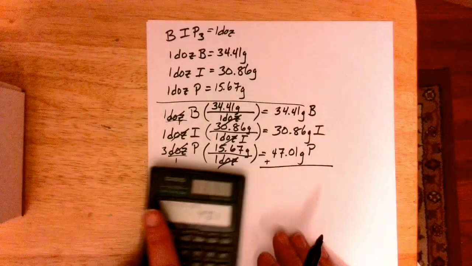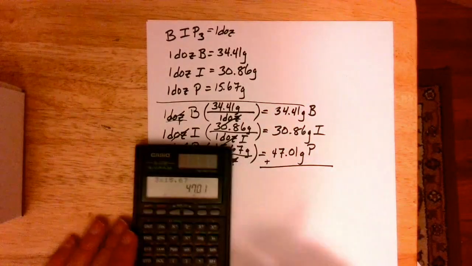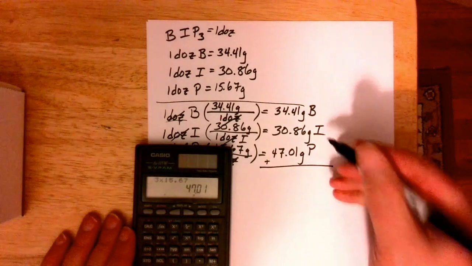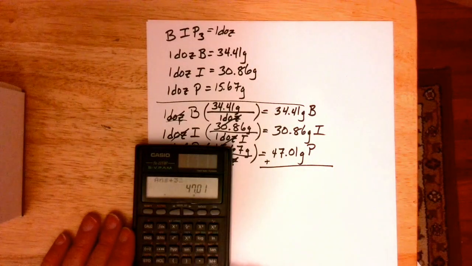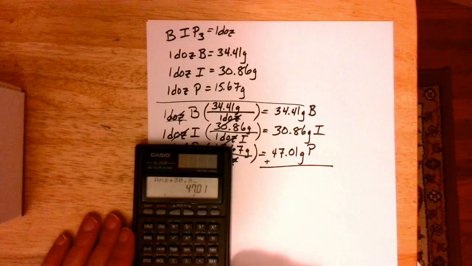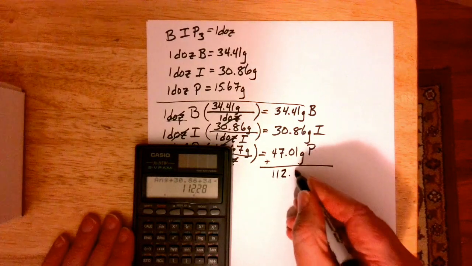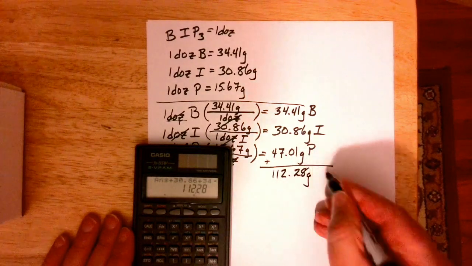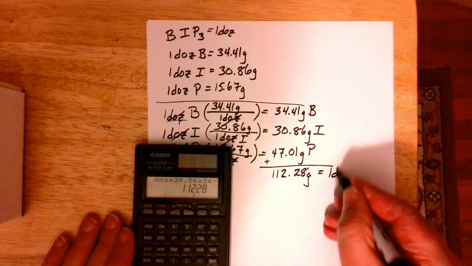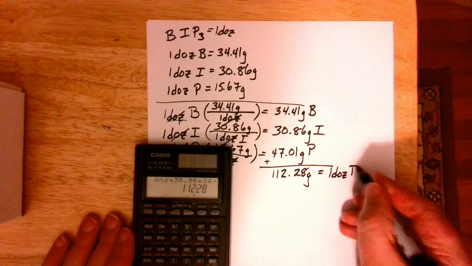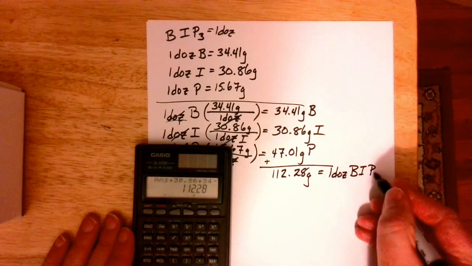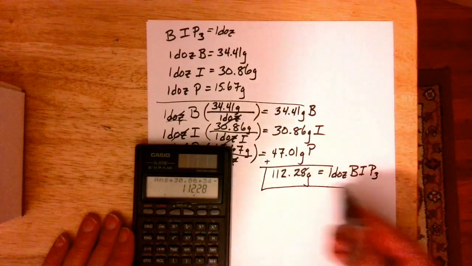So if I have 47.01 plus 30.86 plus 34.41, I get a mass of 112.28 grams is equal to 1 dozen BIP3. This is my answer here.